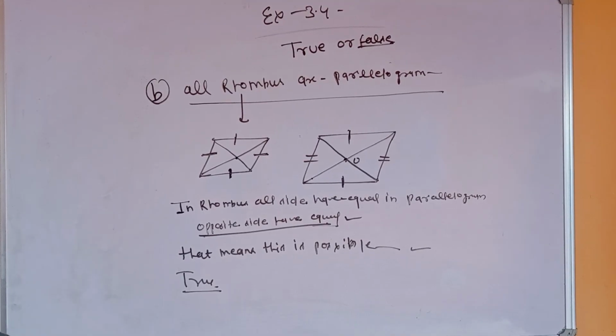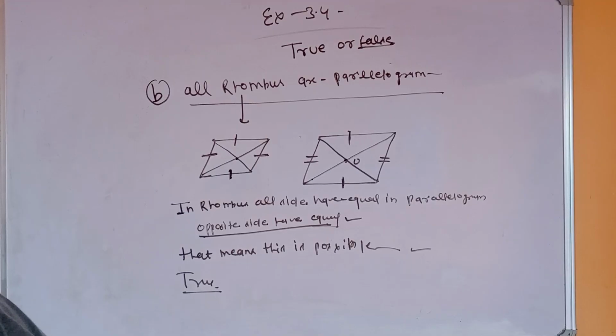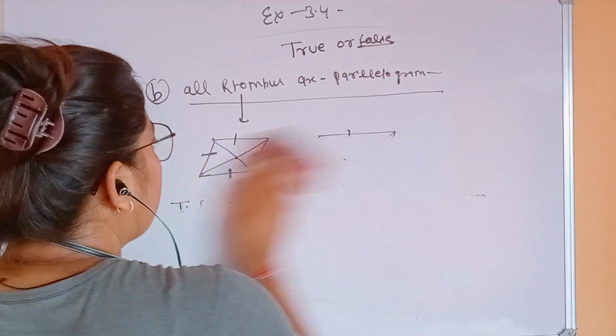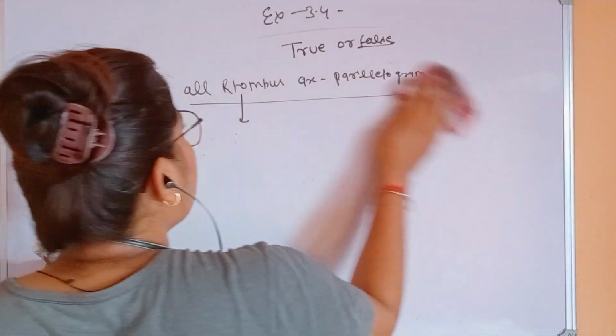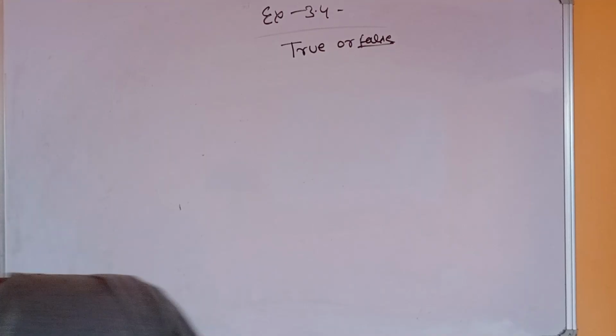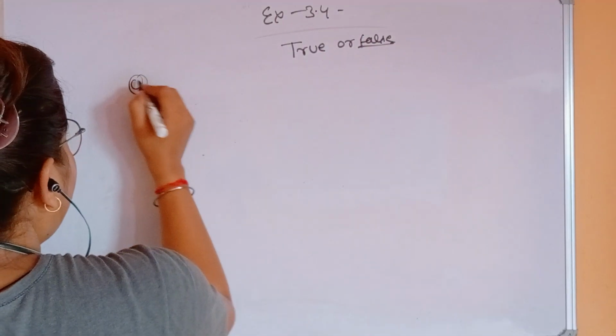Now we discuss the last question here. It says all squares are rhombus and also rectangle. After this we discuss in the next video.